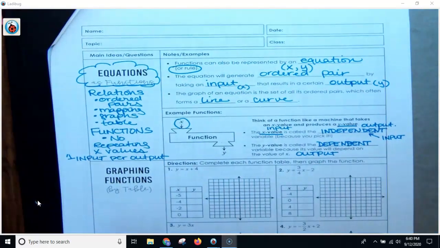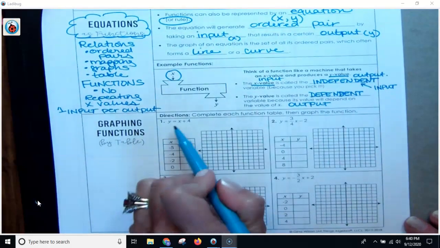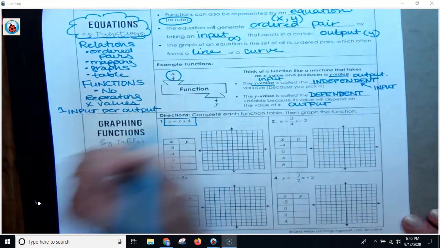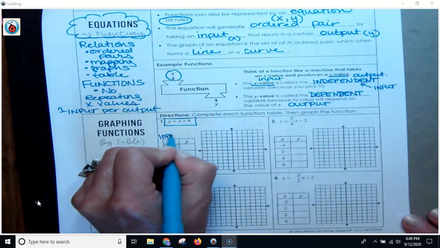All right, moving on. Graphing functions with an equation. If I look at this equation, remember this is my input.